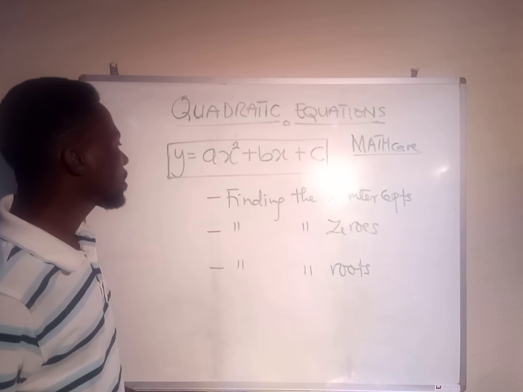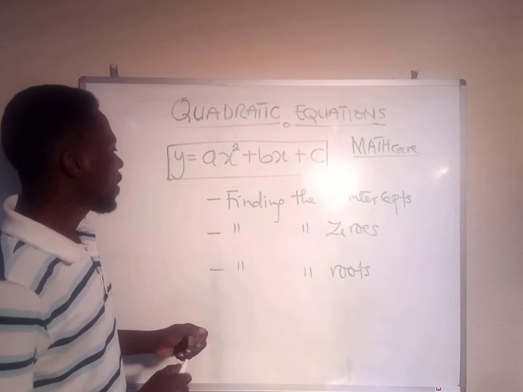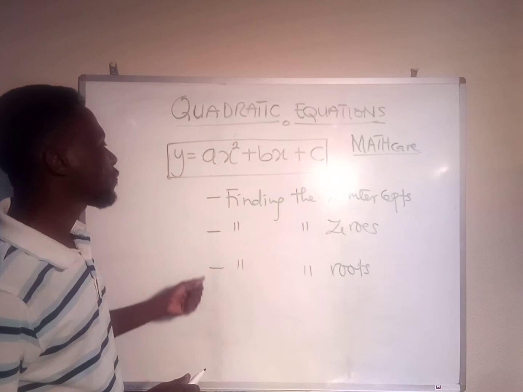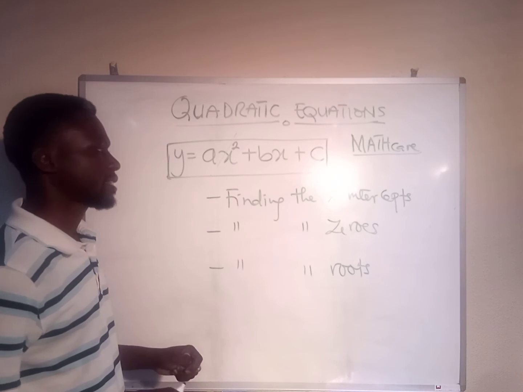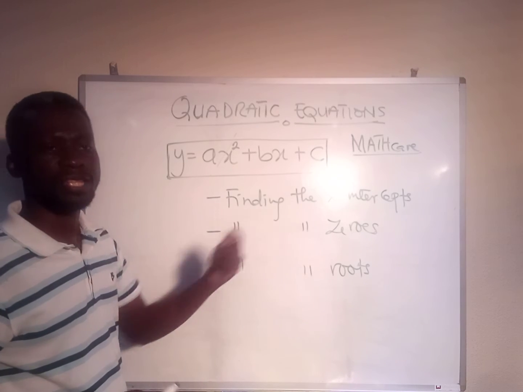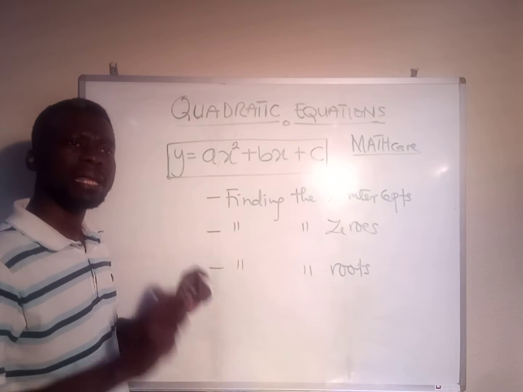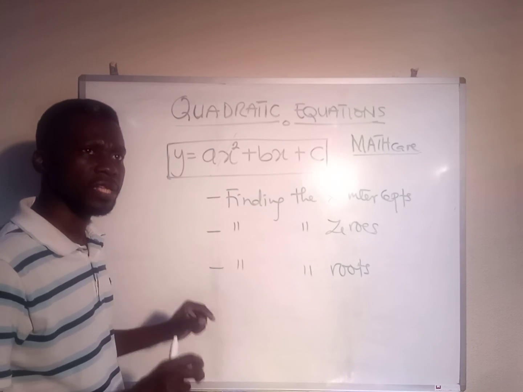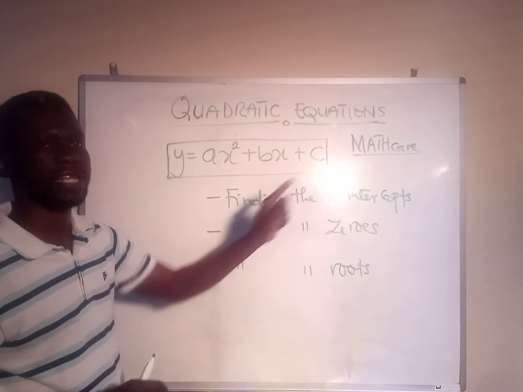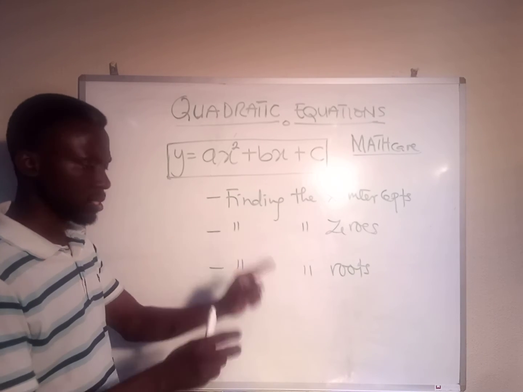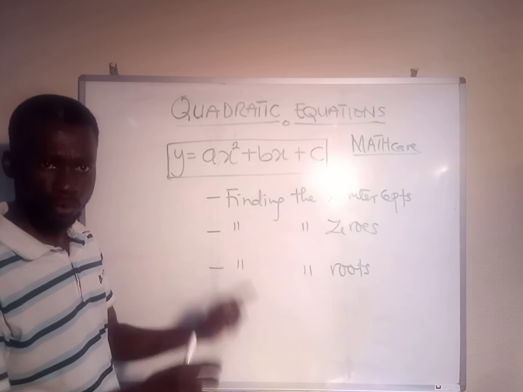Now, if that is what we are saying, then how do we find the x-intercepts? Or how do we find the zeros? Or how do we find the roots? It means we are talking about methods of solving a quadratic equation so we can find the x-intercepts, or the zeros, or the roots.